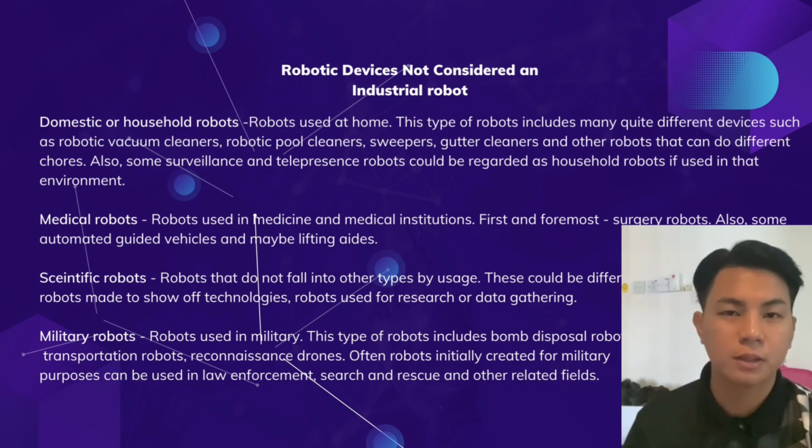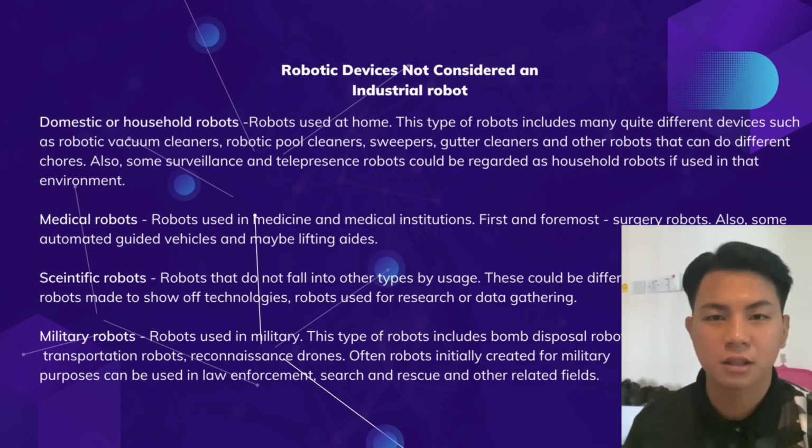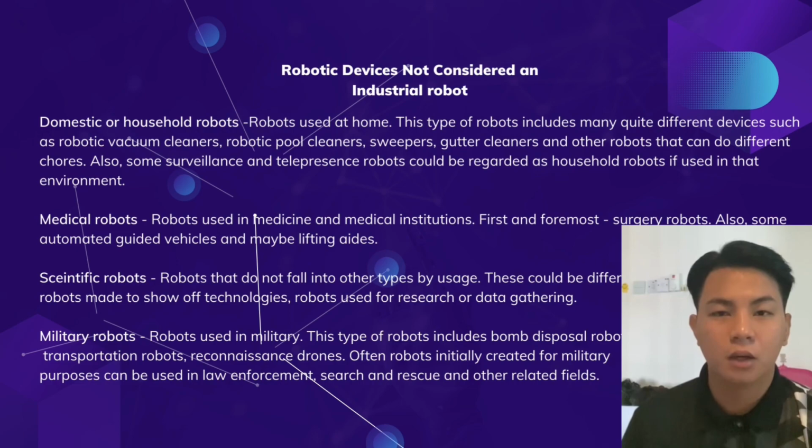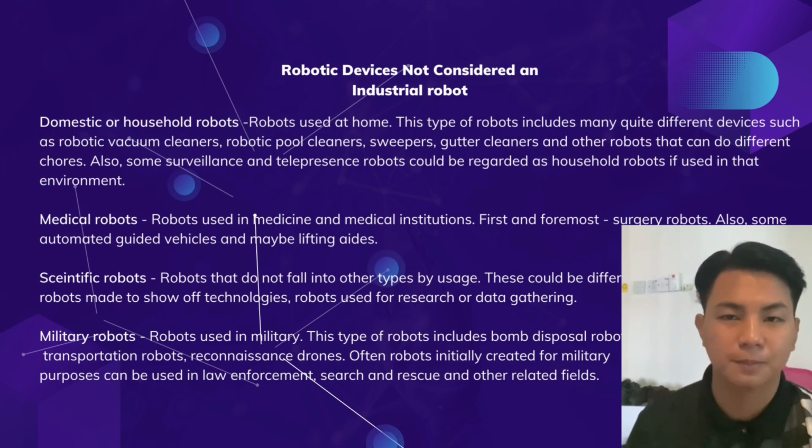This type of robot includes many different devices such as robotic vacuum cleaners, robotic floor cleaners, sweepers, gutter cleaners, and other robots that can do different chores. Also, some surveillance and telepresence robots could be regarded as household robots if used in that environment.